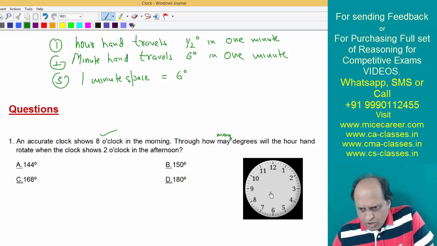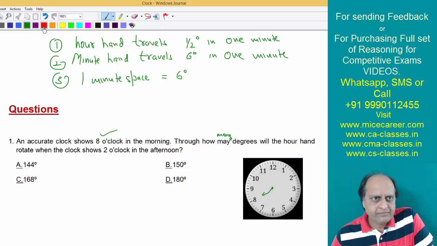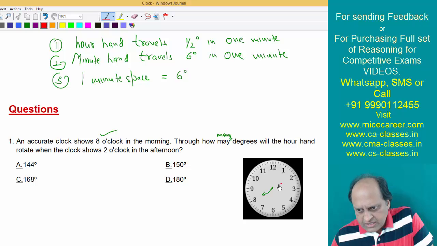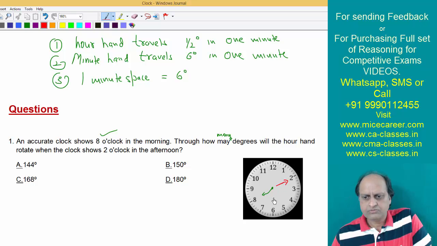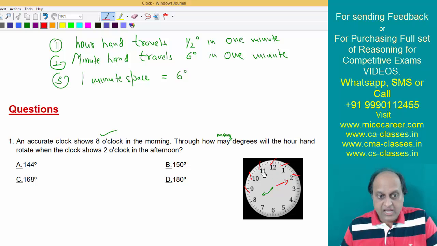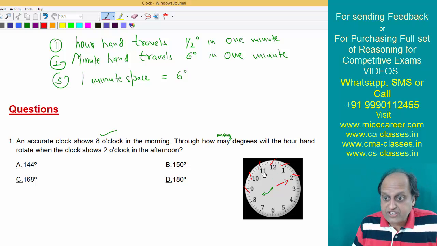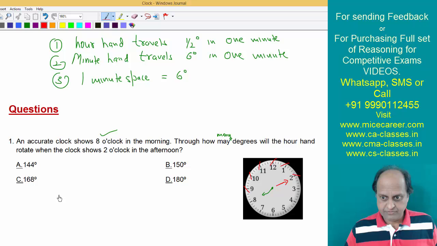Now look, 8 o'clock in the morning means my hour hand in the morning is facing to 8 and in the afternoon it is facing to 2. So how many minute spaces has it traveled? 5, 10, 15, 20, 25, 30. The hour hand has traveled 30 minute spaces.